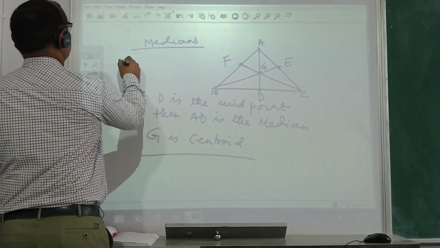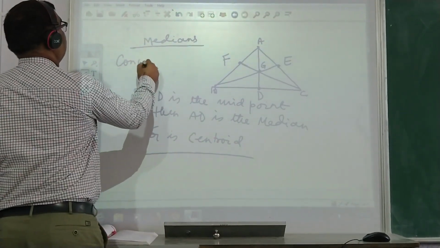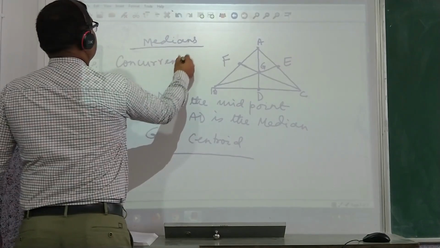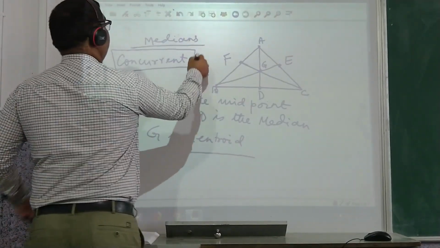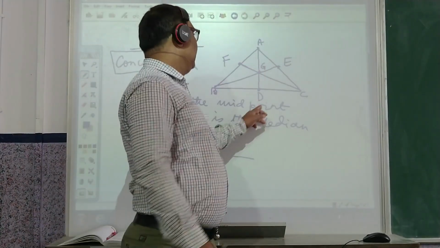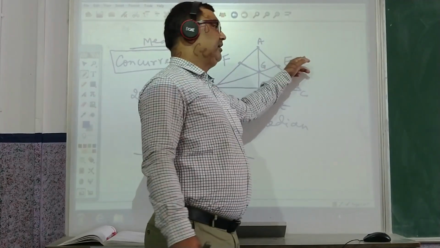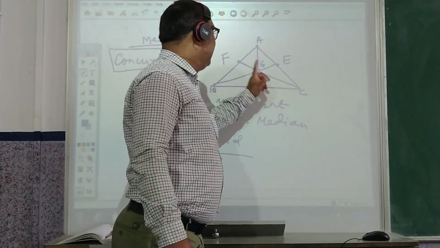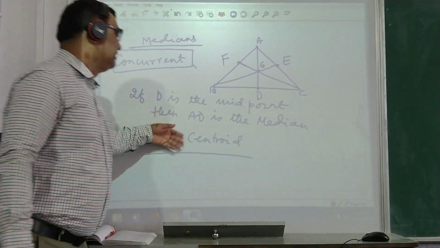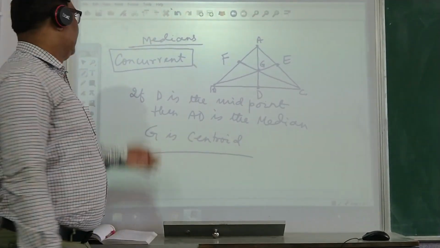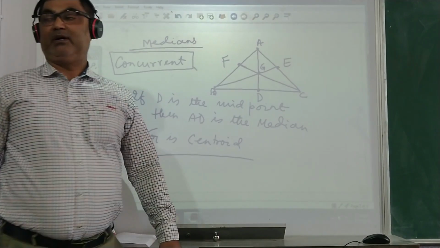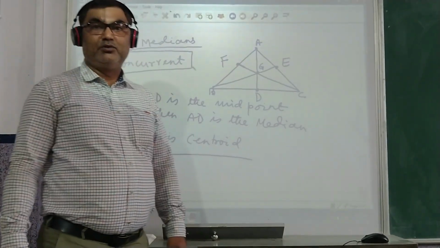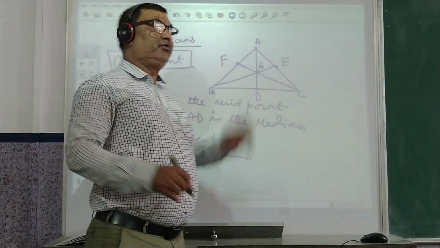Again I am using another term, concurrent. It means they are passing through the same point. AD, CF, BE, all are passing through the same point G. So G is the centroid.